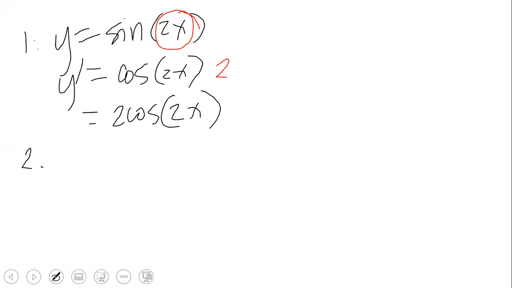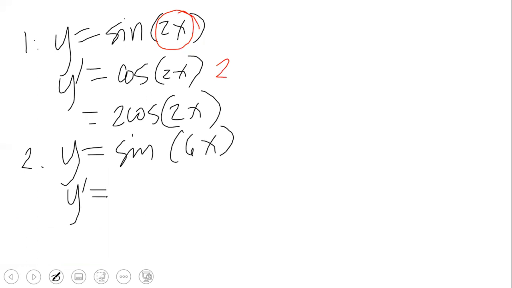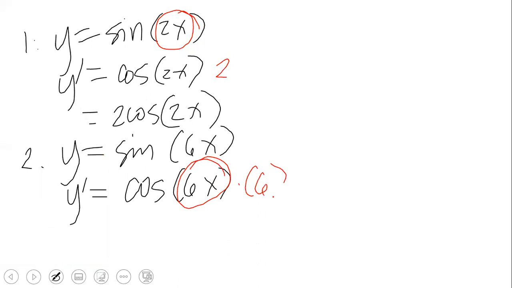Let's have number 2. So, number 2, y equal to sine 6x. So, y prime, y equal to cosine angle 6x. Then, derivative ng angle times 6. So, therefore, y equal to 6 cosine 6x, yung angle.